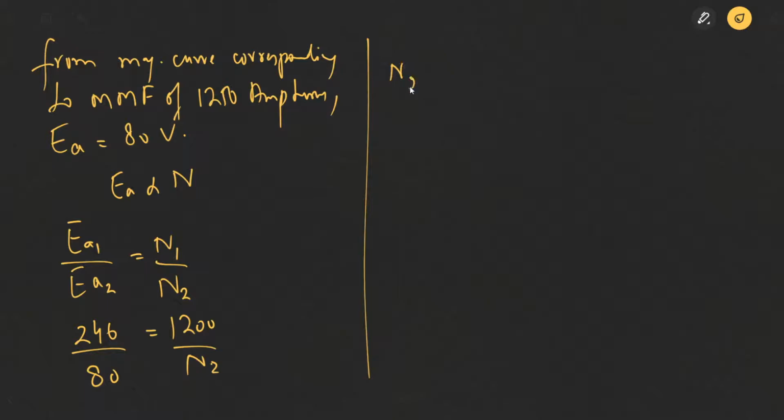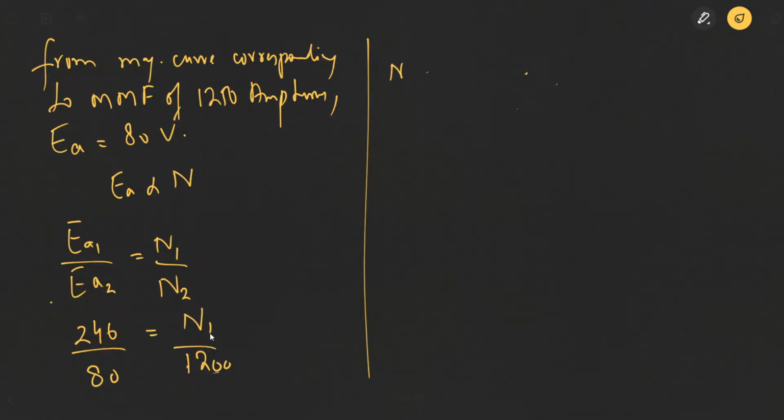Correction here. We have been given the 1200 RPM as the speed for the magnetization curve, and we need to find out N1.